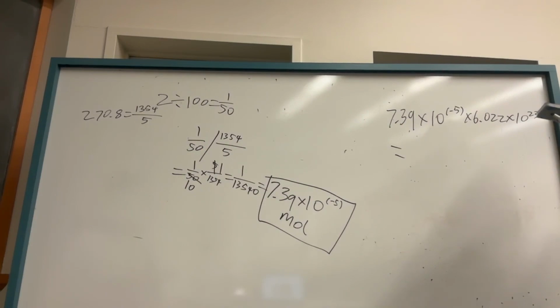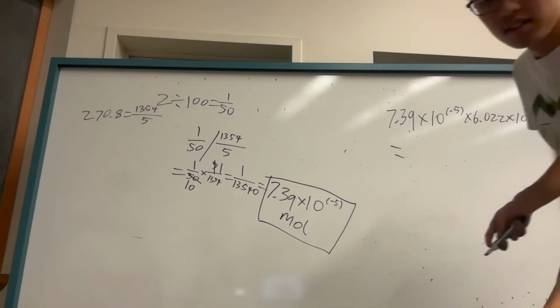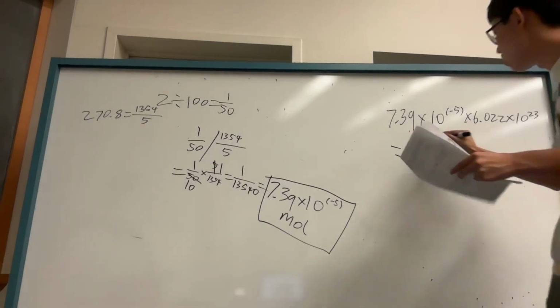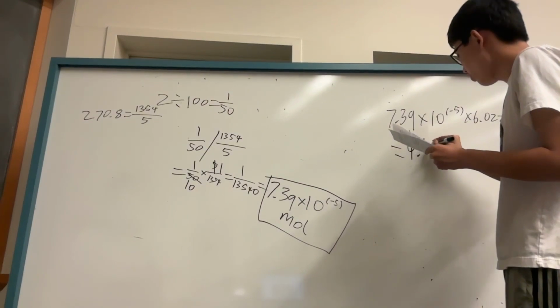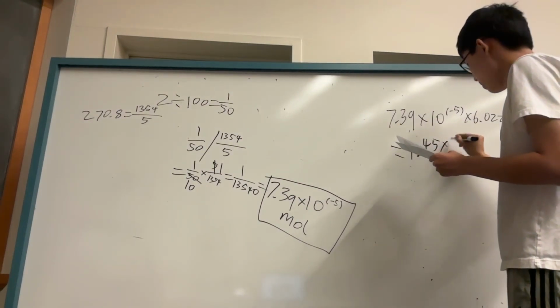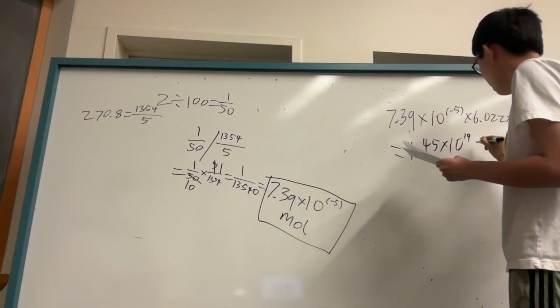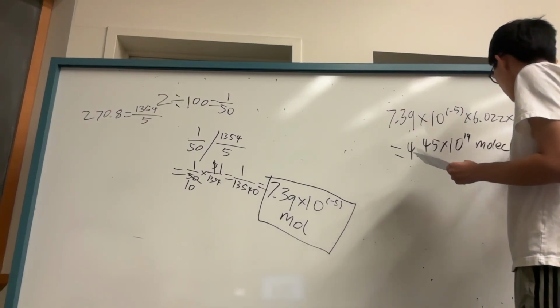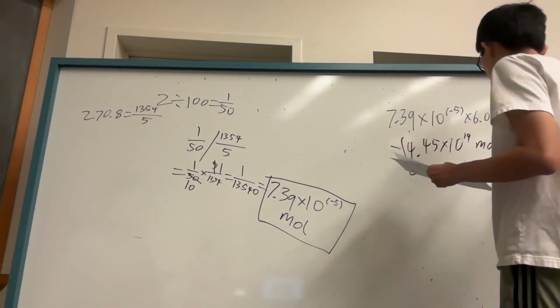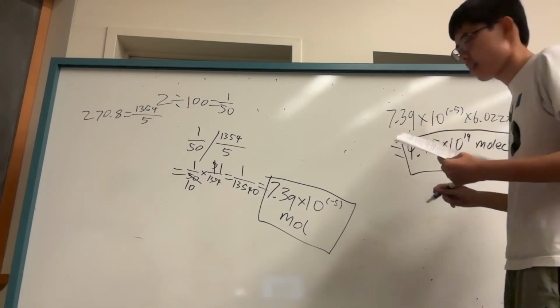Even though I'm Asian, I'm still going to use a calculator anyway. Which is equal to 4.45 times 10 to the 19 molecules. So they're giving this many molecules to the child in the question.